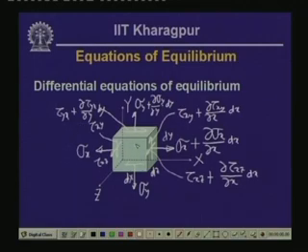On this plane we will have sigma z, and the normal stress on the front z plane is sigma z plus del sigma z del z over length dz, and so on.